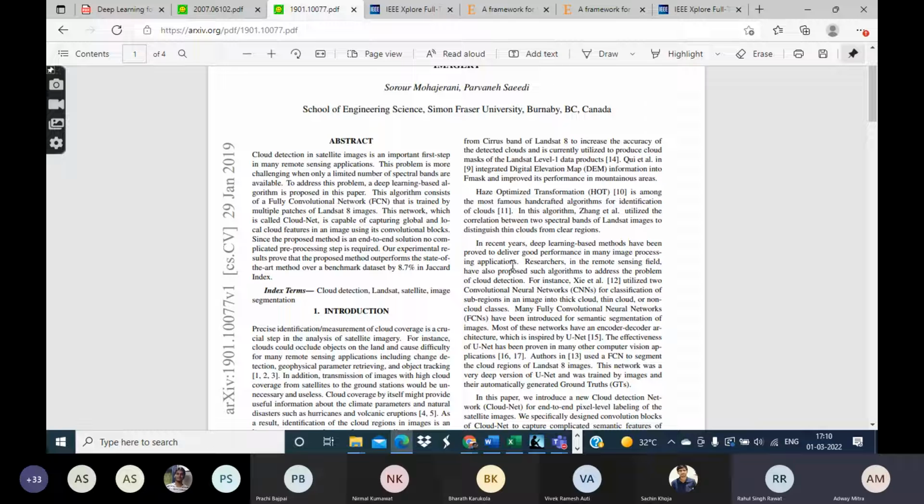Whatever image they get, they put directly as input to the neural network, and the output will be directly what they want. Our experimental results prove that the proposed method outperforms the state-of-the-art method on a benchmark dataset by 8.7%.